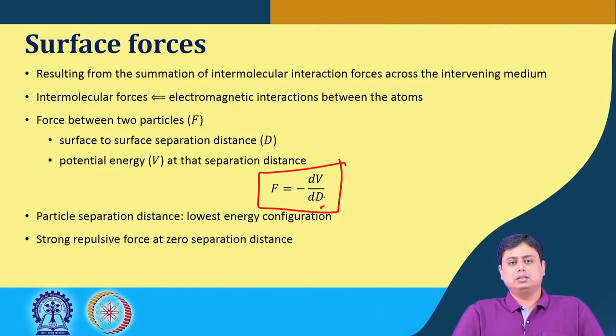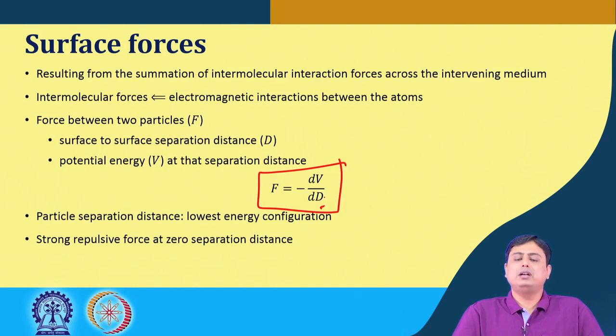Now, particles in suspension always try to attain the lowest energy configuration by thermodynamics. So, when there is nothing to do with any other external forces, the particle separation distance will try to achieve the lowest energy configuration state. That means there is an equilibrium distance between the two particles, and when we try to make them very close, there is a strong repulsive force at zero separation distance.